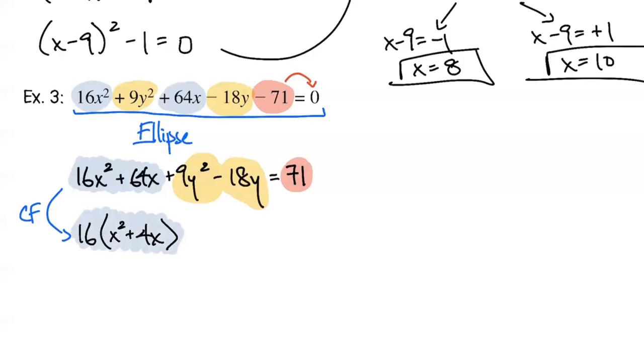Okay. Now, if you folks could do the same thing with the ones highlighted in the yellow. What do we get if we use that same idea with the yellow?